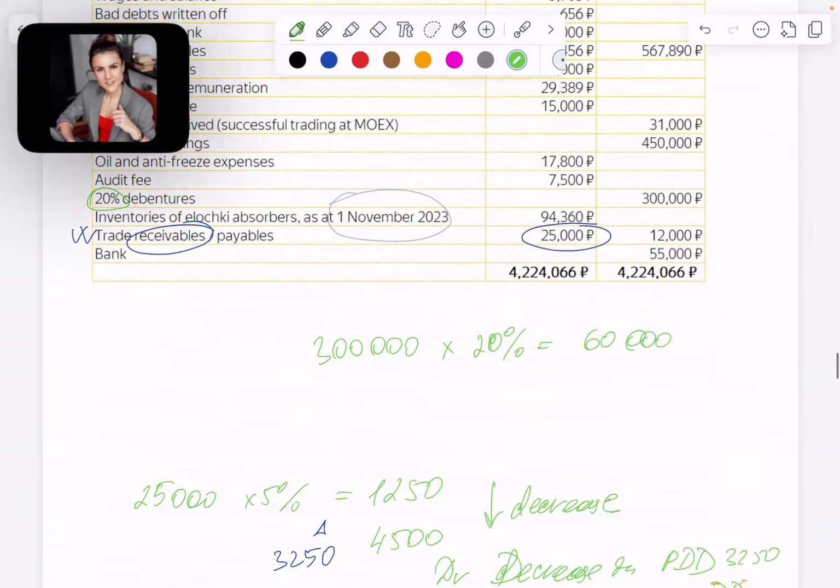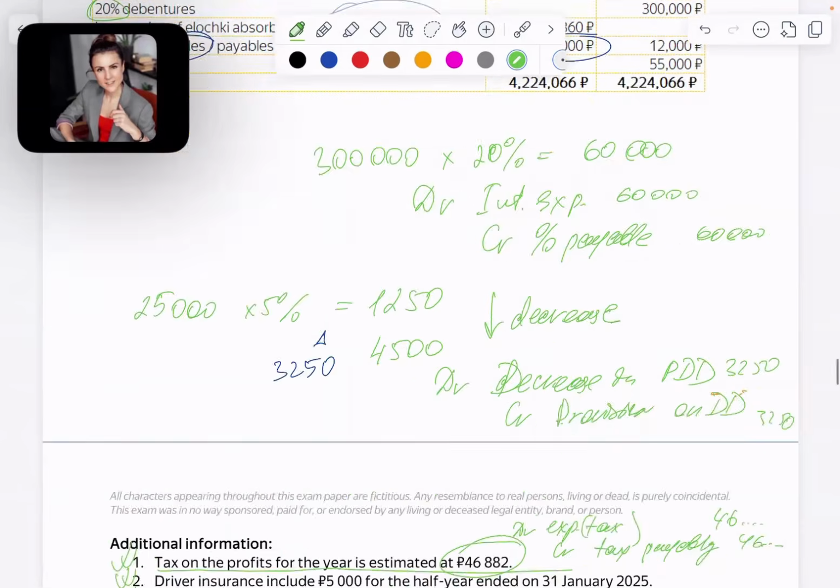Since we don't have any line which reads interest expense or paid interest in our trial balance, that means that we have to adjust our financial statements by the interest expense of 60,000, which goes to the income statement, credit interest payable, which goes to the current liability section.